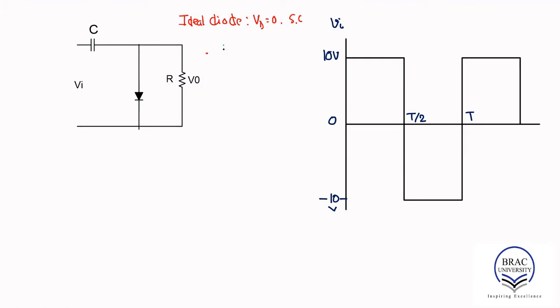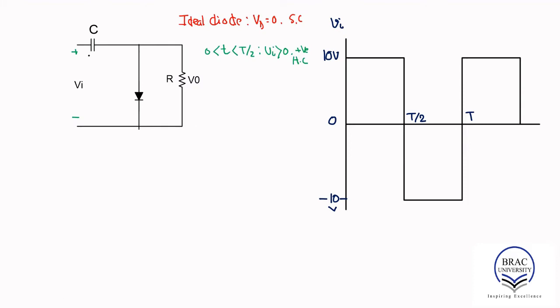So t is greater than 0, less than T by 2, Vi is greater than 0. So we have positive half cycle. Let's say this is our polarity.